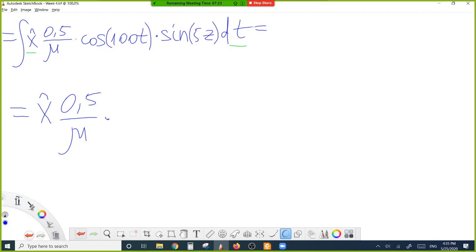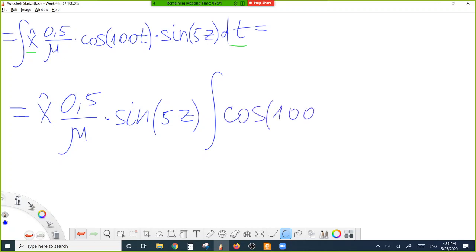Cosine 100t is not constant in terms of time. Sine 5z in terms of time is constant. Sine 5z goes out of the integral, and in the integral we have cosine 100t dt.